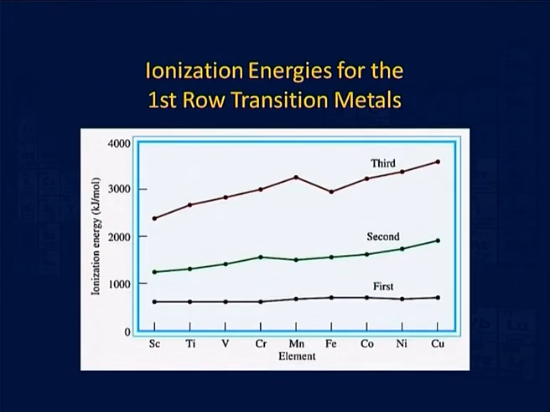This chart shows the variation of the ionization energies or ionization enthalpies of the first row transition metal ions. Particularly the first, second and third ionization enthalpies, as you can see, gradually increase as we move from scandium to copper.